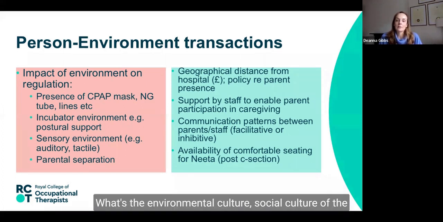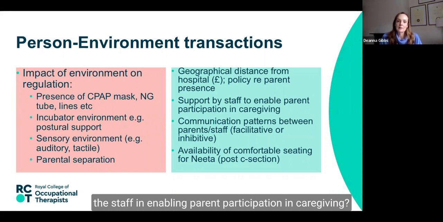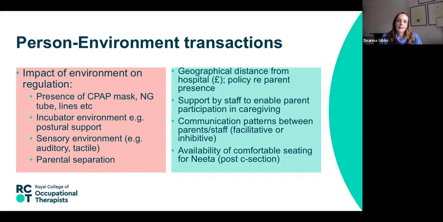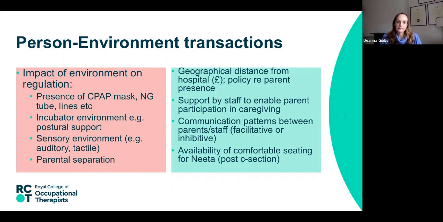What's the environmental and social culture of the unit like in terms of how supportive the staff are in enabling parent participation in caregiving? Further to the social environment, what are the communication patterns like between parents and staff? Are they generally facilitative? Are they occasionally inhibitive? What might that mean in terms of supporting occupational performance?